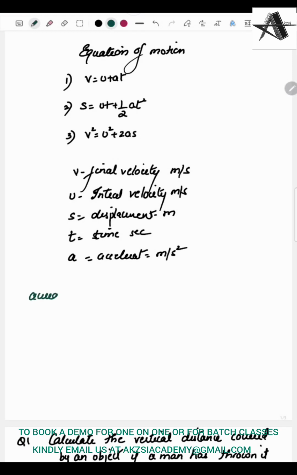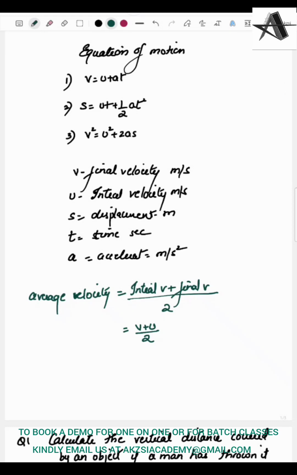For average velocity, because it depends on the initial and final position, average velocity is initial velocity plus final velocity over 2. That means v plus u over 2 will give you average velocity. Whereas average speed doesn't depend on the initial and final speed.